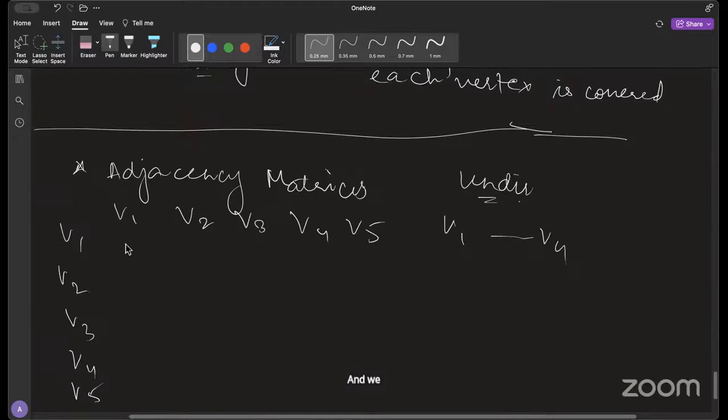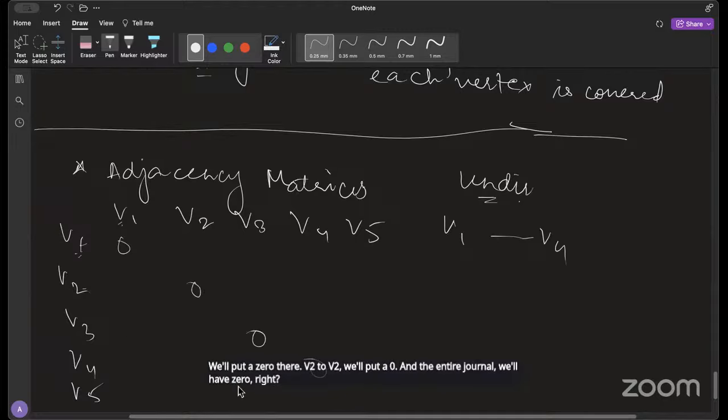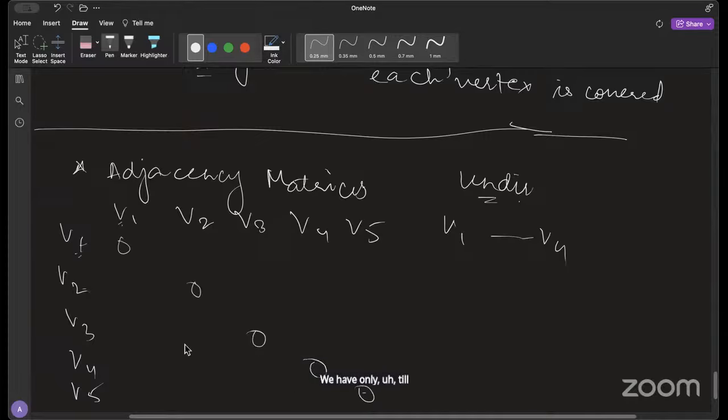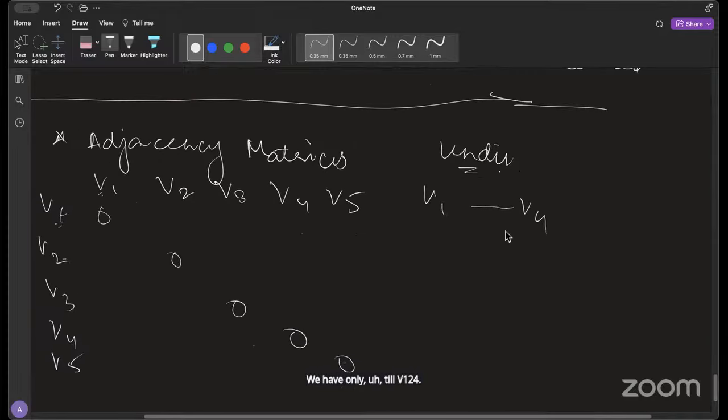And we'll write a 0 for V1 to V1, and V2 to V2, so on the entire diagonal we'll have 0, right? Let's have it till V5.